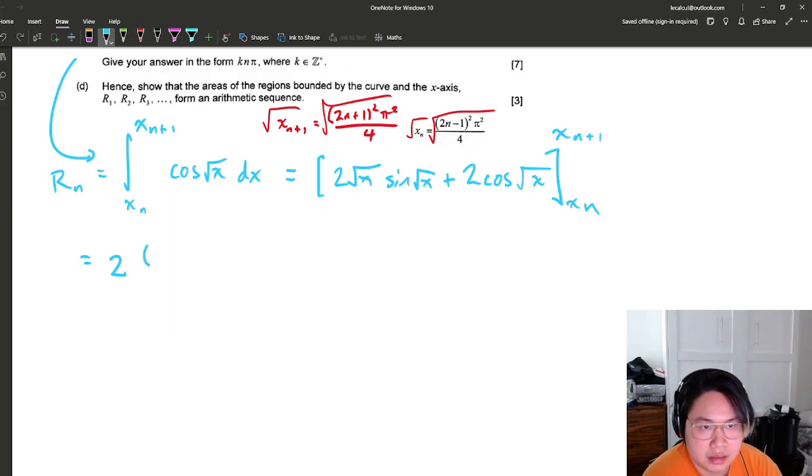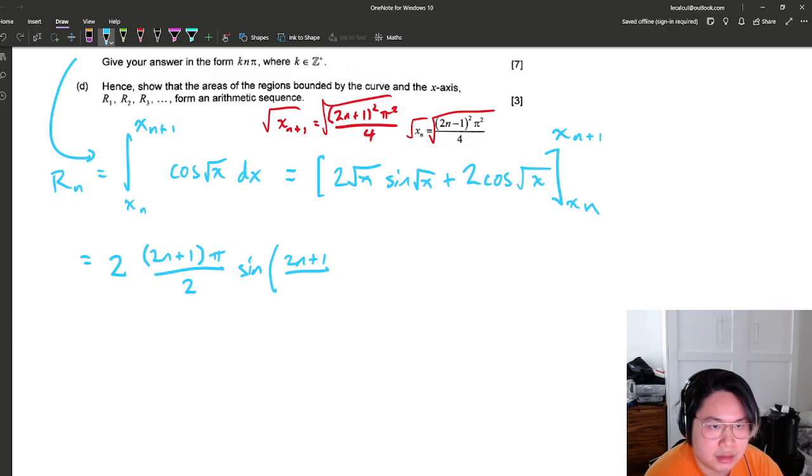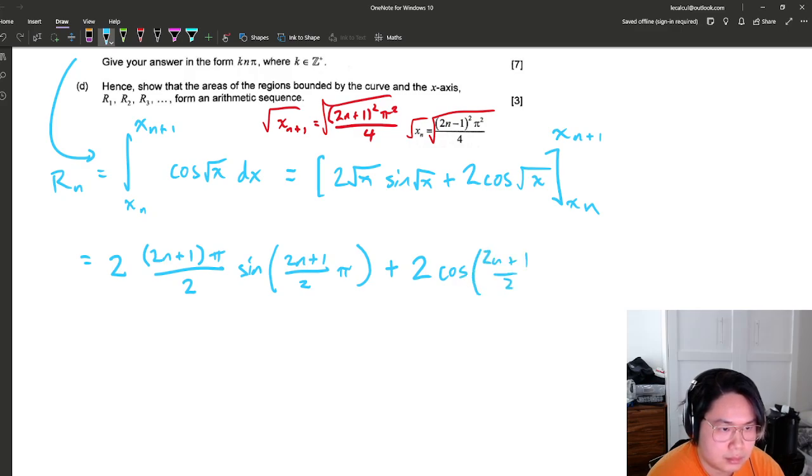Then this is going to be 2n plus 1 times pi divided by 2, and then sine of the same thing, 2n plus 1 over 2 pi here, plus 2 cosine the same thing, and then I also need to subtract when I plug in xn.